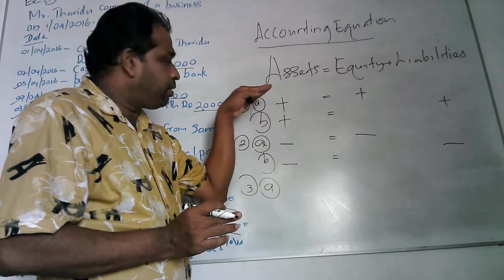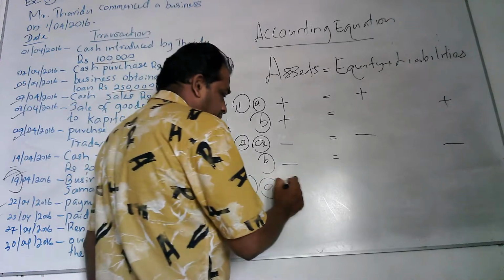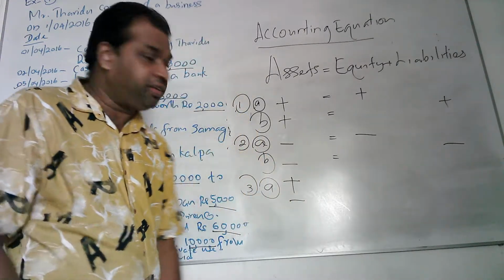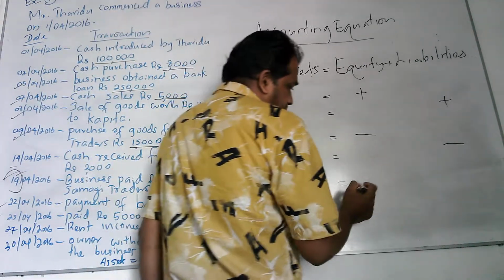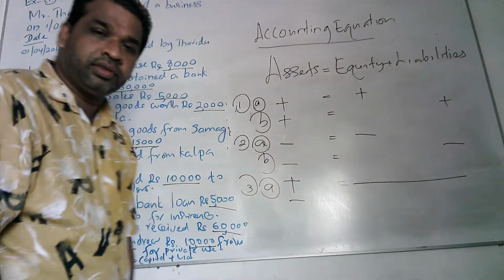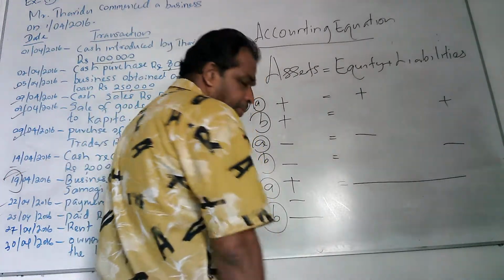That is, both decrease and increase can happen under assets. Later on I will introduce examples for this. Then on the liability side, nothing will happen. Then part B, nothing will happen under assets.